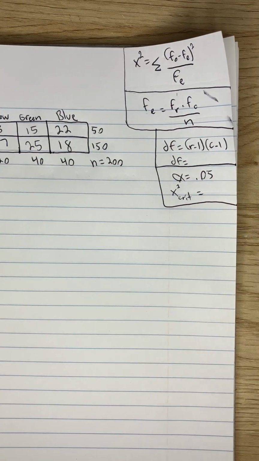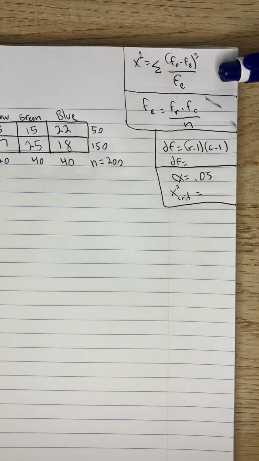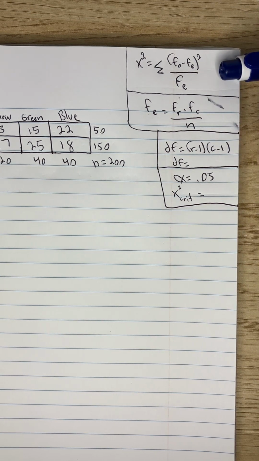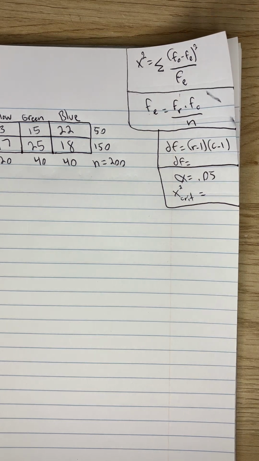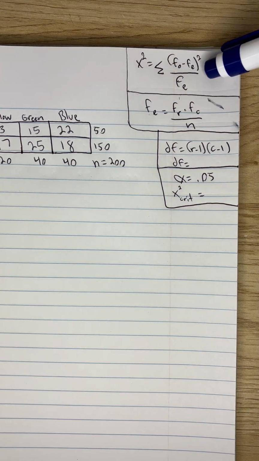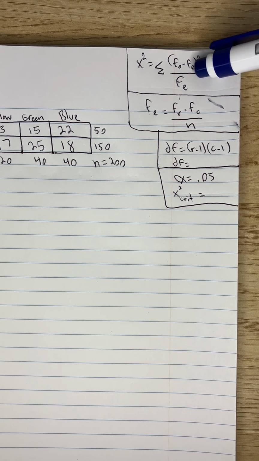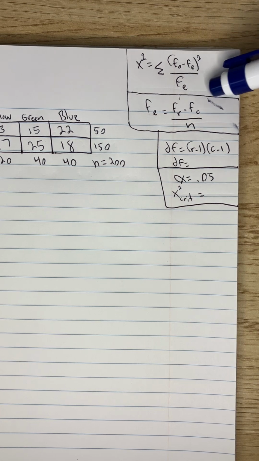We're going to work with the same chi-square formula that we did for the goodness of fit test. So we have the summation of the frequency observed minus the frequency expected, squared, over the frequency expected.